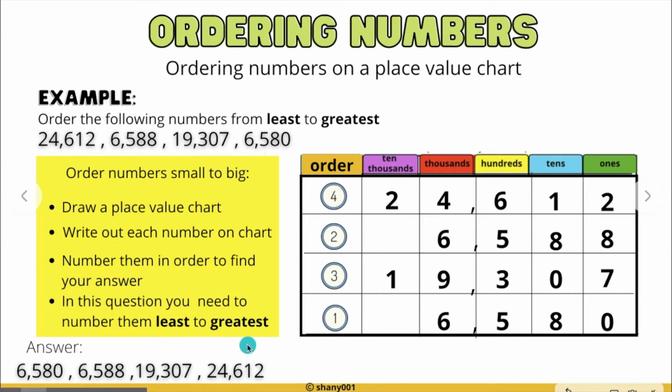Least to greatest. So over here, my smallest number is 6,580. And under the word order, I put number 1 because that's the least. And then over here, 6,588 will be number 2.